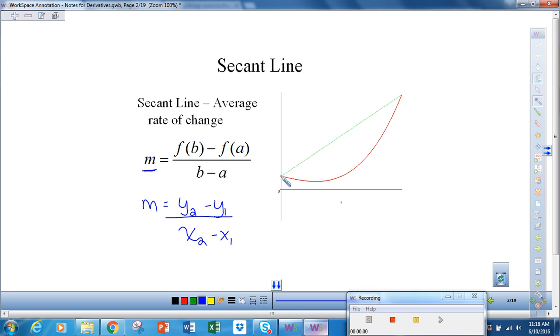Well, this is exactly the same thing. So instead of calling this x, we're calling this a, and we're calling this b. So f of b is y2, and f of a is y1, and a, of course, is x1, b is x2. So it's the exact same formula that you learned in slope. We're just using it in a more calculus way.